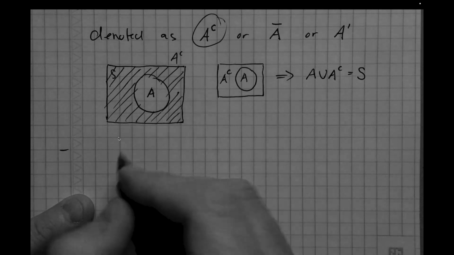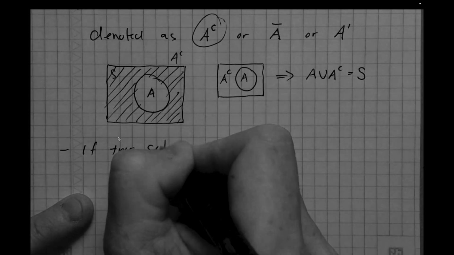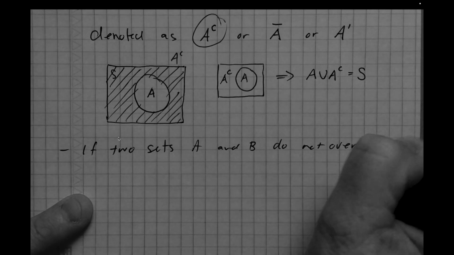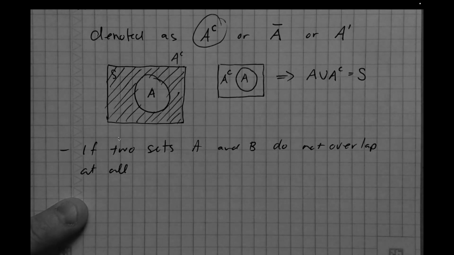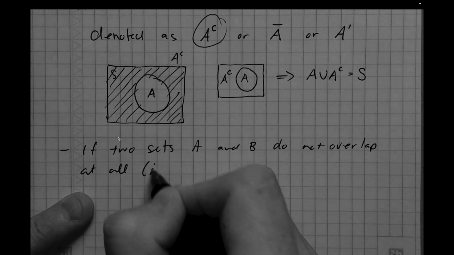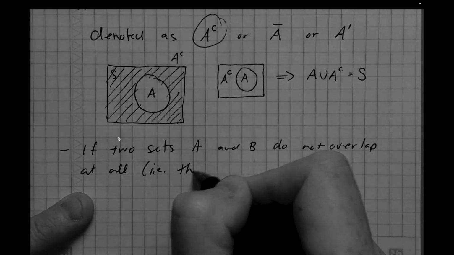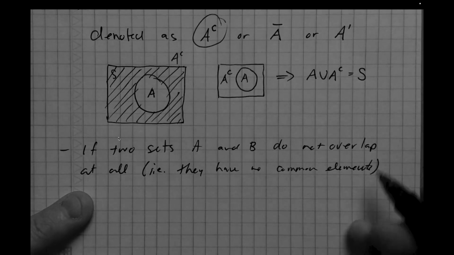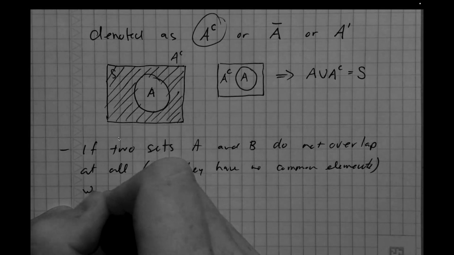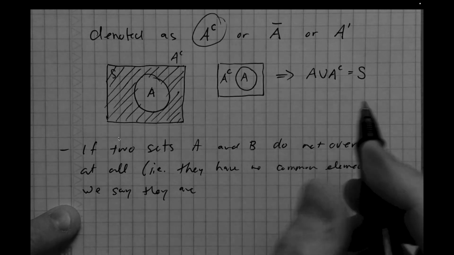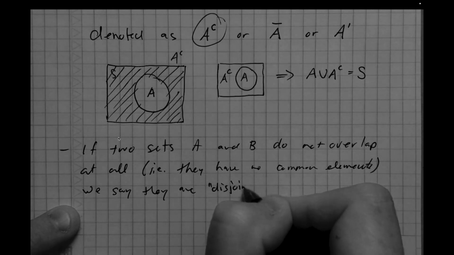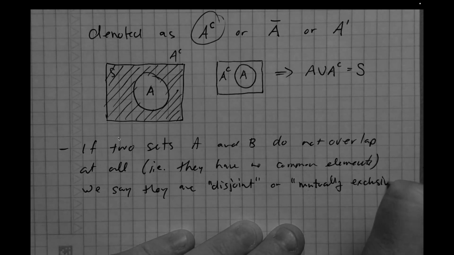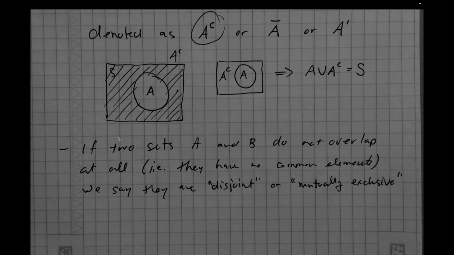So we'll say two sets A and B. If two sets A and B do not overlap at all, that is, they have no common elements, we say they are disjoint, or synonym, mutually exclusive. So they are disjoint or mutually exclusive.